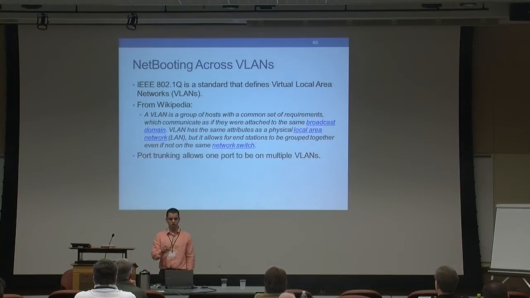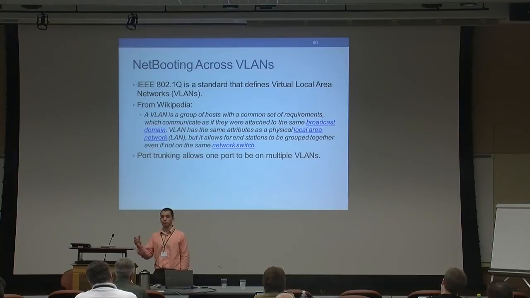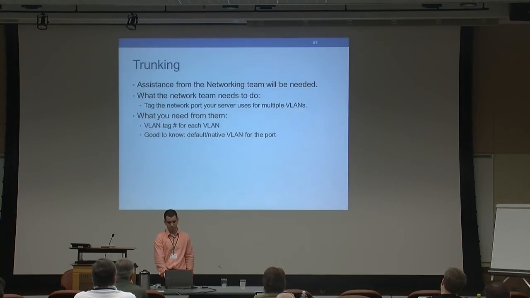But the important part is VLANs have the same attributes as a physical LAN, but they allow end stations to be grouped together even if they're not on the same network switch. So if you can set up one port on one VLAN, you can use port trunking to allow multiple VLANs on that one port, which comes in really handy if you only have that Mac Mini with the one NIC.